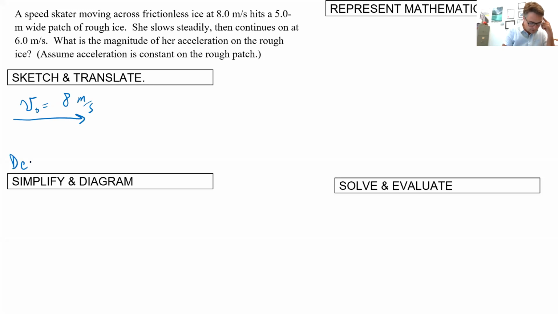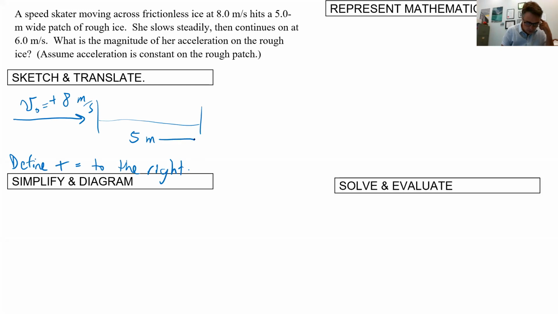I'm going to define plus as to the right, so we'll put a plus on that. Then she slows steadily over a patch that's 5 meters wide, and at the end, V final is equal to plus 6 meters per second.